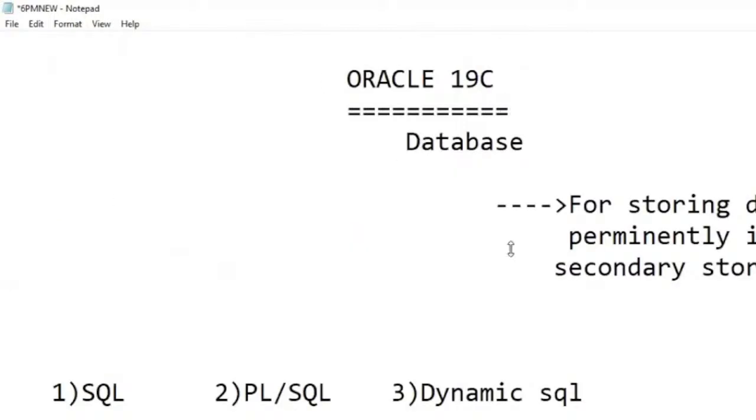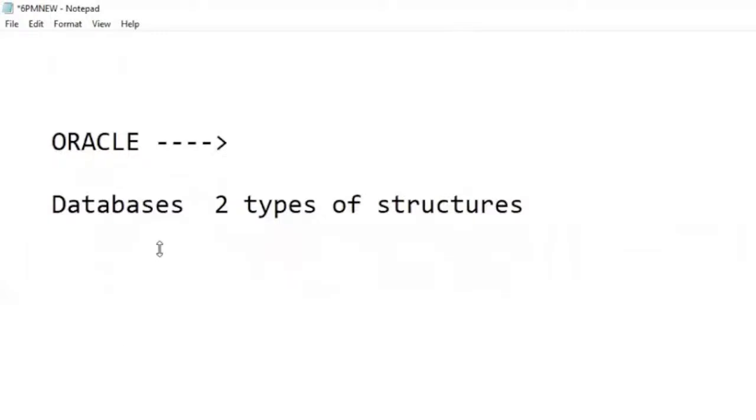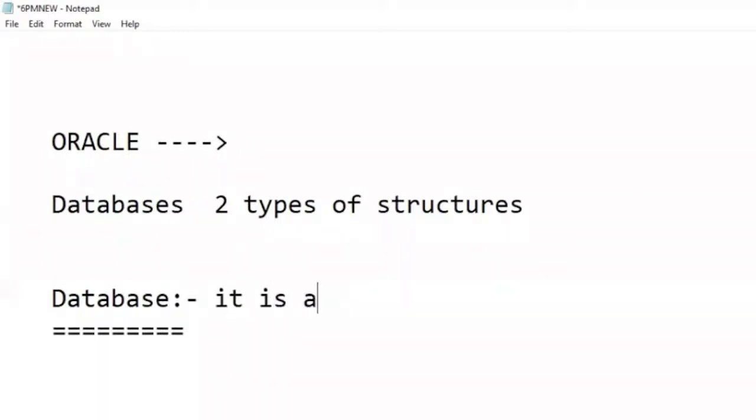Before we tell what the logical and physical structures are in these database software, look at the database definition in the books. What is a database? If you check Google or books, it is a place in a computer system where we can store a structured collection of data.